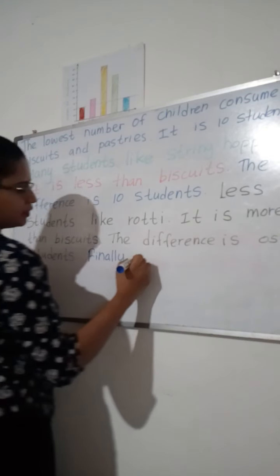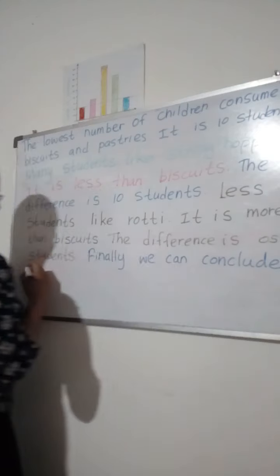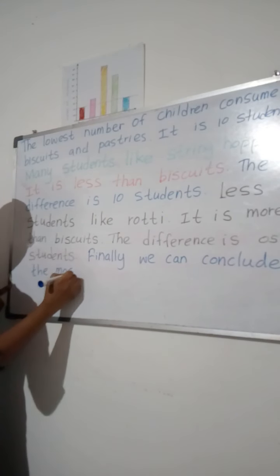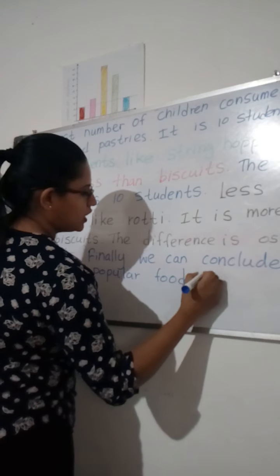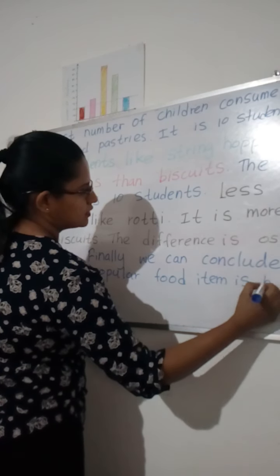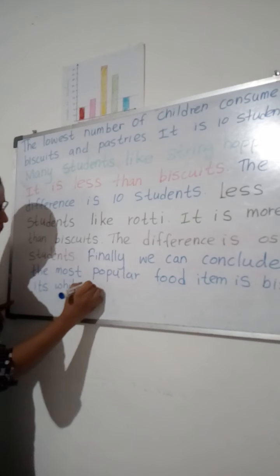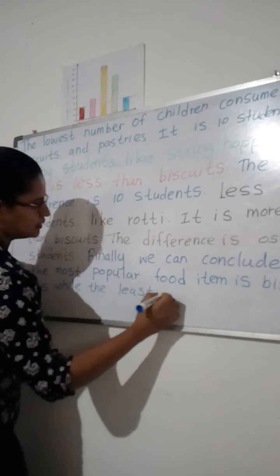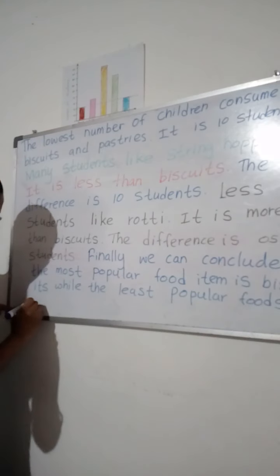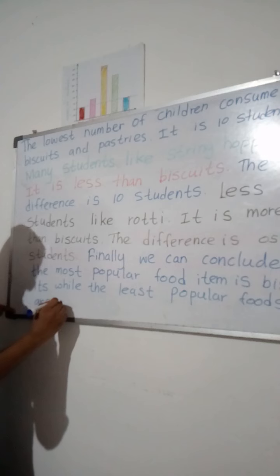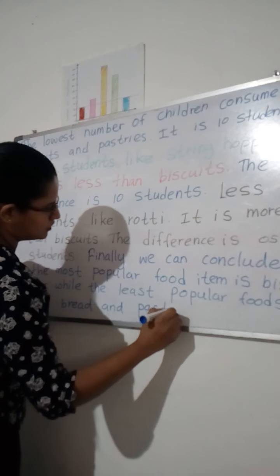Finally, we can conclude the most popular food item is biscuits, while the least popular foods are bread and pastries.